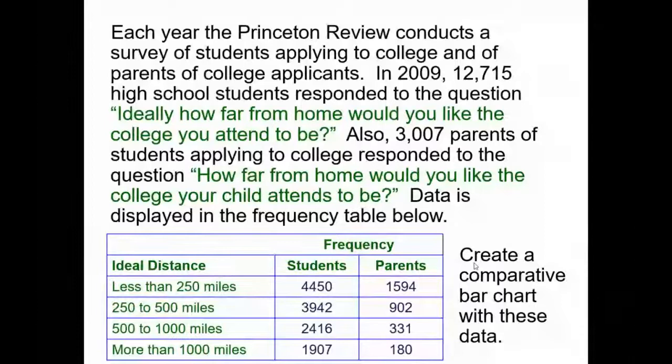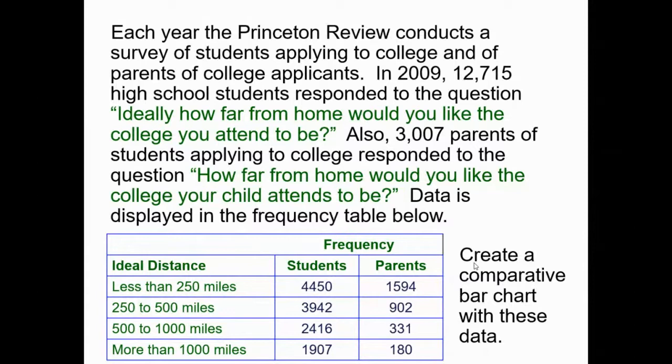Also, 3,007 parents of the students applying responded to the question, how far from home would you like the college your child attends to be? And they displayed this data below in this frequency table.